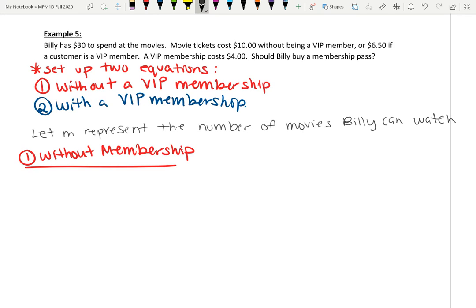Okay. So it says in the question that without a membership, it's $10 a movie. So $10 per movie, and Billy has $30 to spend. So his total amount of money is on one side of the equal sign, and then my variable times the cost for one ticket is on the other side.